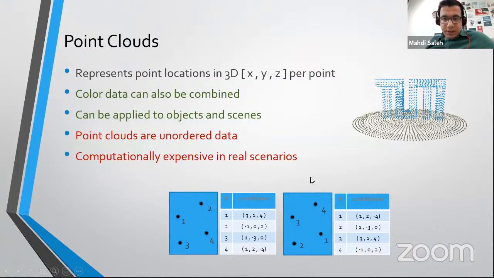This means you can represent them with a set, which is order invariant. And this does not apply to standard convolutions, which process ordered data, where order matters, how you sort the data, how the image is formed.